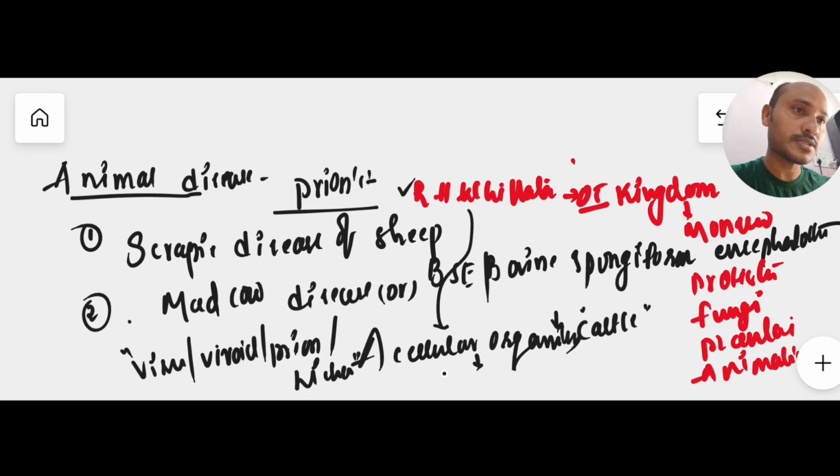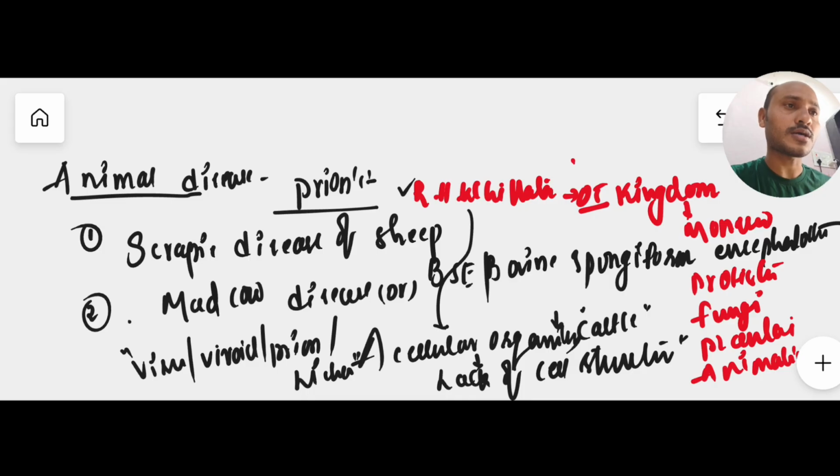Hence, they are grouped separately as virus, viroids, prions, and lichens. This is the main reason they do not come under any kingdom.